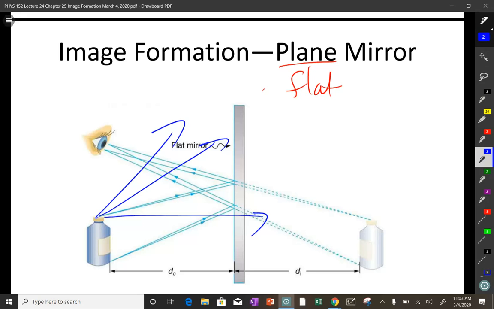So the image is formed behind the mirror at a distance equal to the distance the object was in front. So if I stand in front of a mirror, here's my mirror. If I'm 1 meter away from the mirror, then the image of me that I see is 1 meter on the other side of the mirror. Simple enough rule.